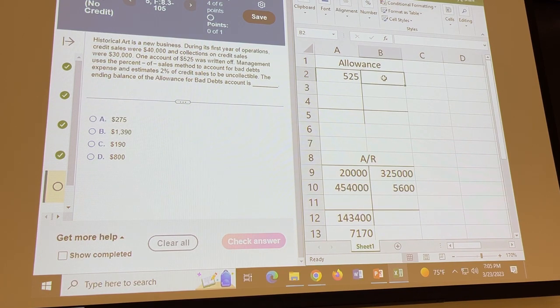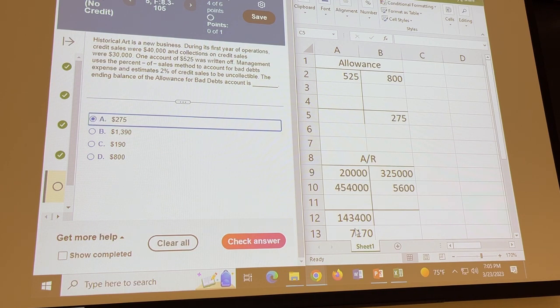We would be crediting allowance for bad debts $800. So put $800 on the credit side, and that's all they tell us to do. So then we would balance the account, and so it would tell us that we have a credit balance of $275. So that's answer A here.